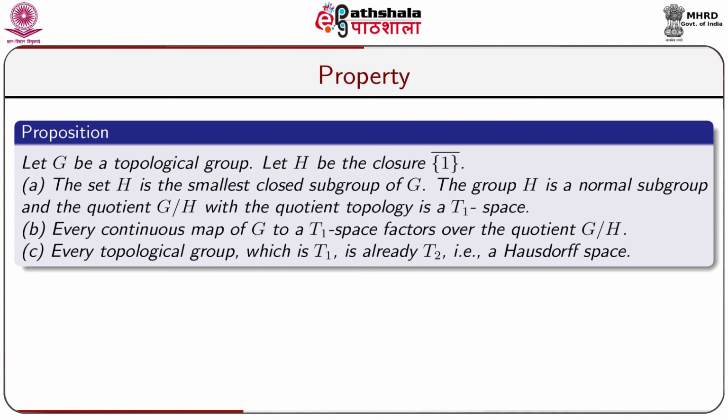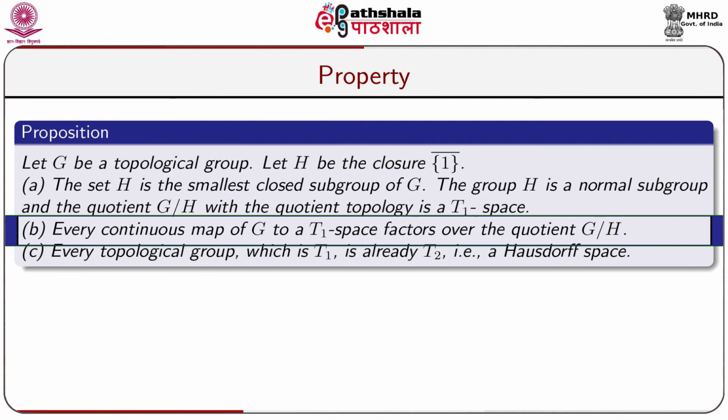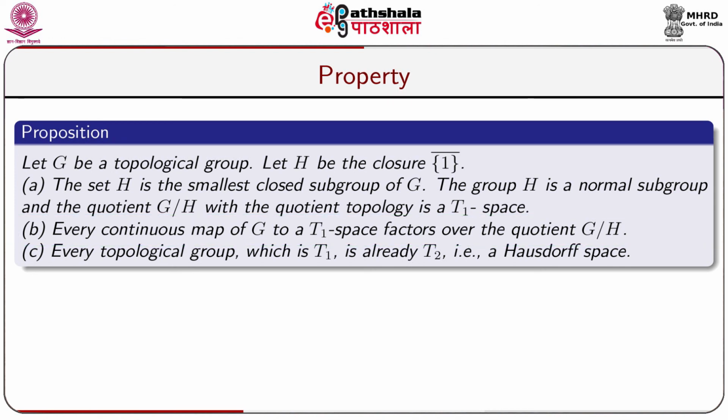All of these results follow from the previous theorem. Secondly, every continuous map of G to a T1 space factors over the quotient space G by H. This also follows from the previous theorem.